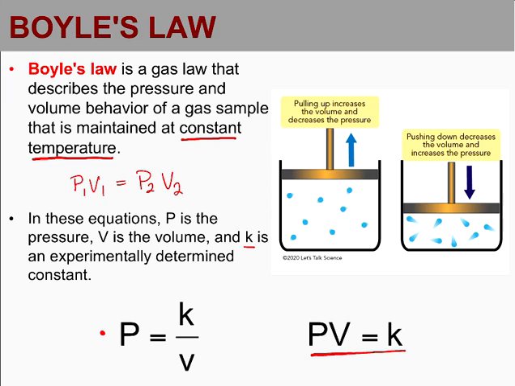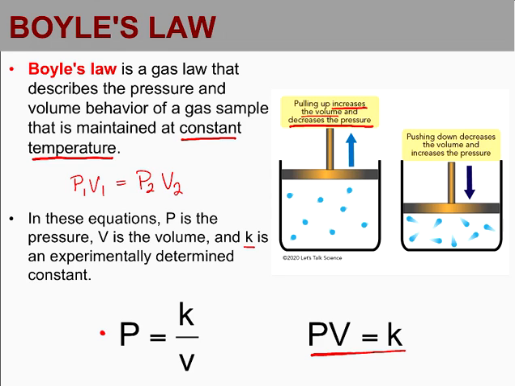For instance, if we look at the figure on the right, we have a gas in a cylinder with a movable piston on the top. If we pull that piston up, we're increasing the volume, and that's going to decrease the pressure of the gas.